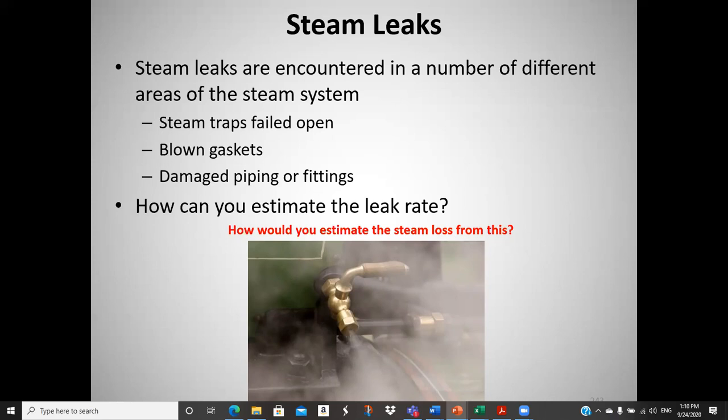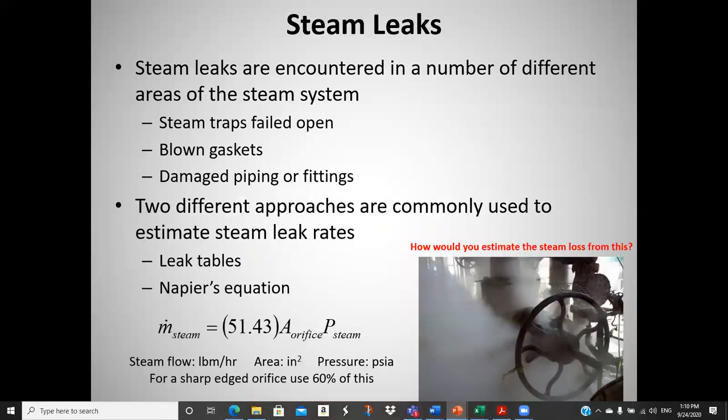It's kind of hard to do on steam. Steam hits that garbage bag and poof, it's gone. You might not have any gloves good enough to hold on that thing. So we don't really do that on steam, but we do it on compressed air. So how would you estimate? You just do the best you can.